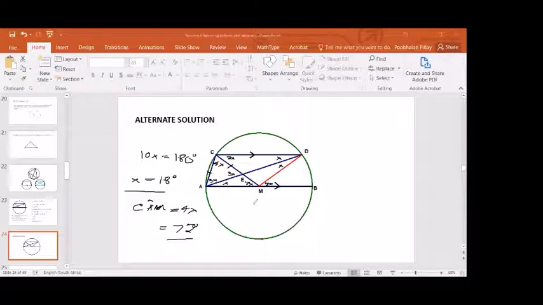Now that you know what x is, you should be able to calculate every angle in sight. We didn't even use that the angle in a semicircle is 90 degrees, only the isosceles triangle. I like the solution. It uses very simple techniques.